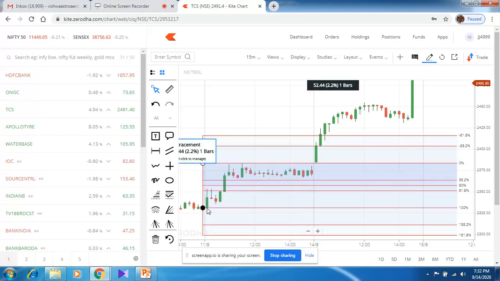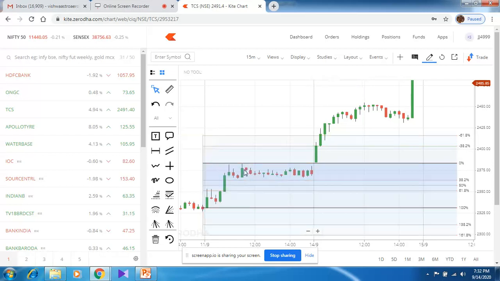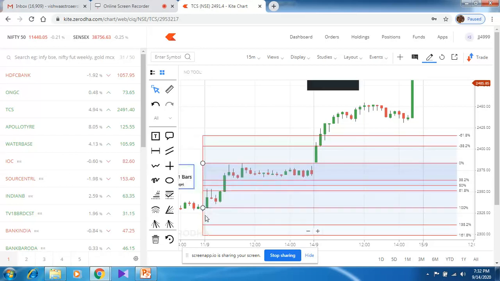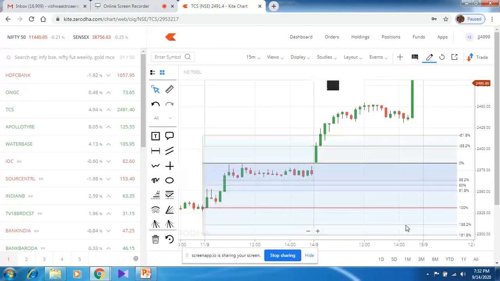It started from here and reached its topmost over here. The meaning of this Fibonacci retracement is that it is going from bottom to top. So initially I put a point over here and straight away stretched it to its topmost. This is where its 100% lies.